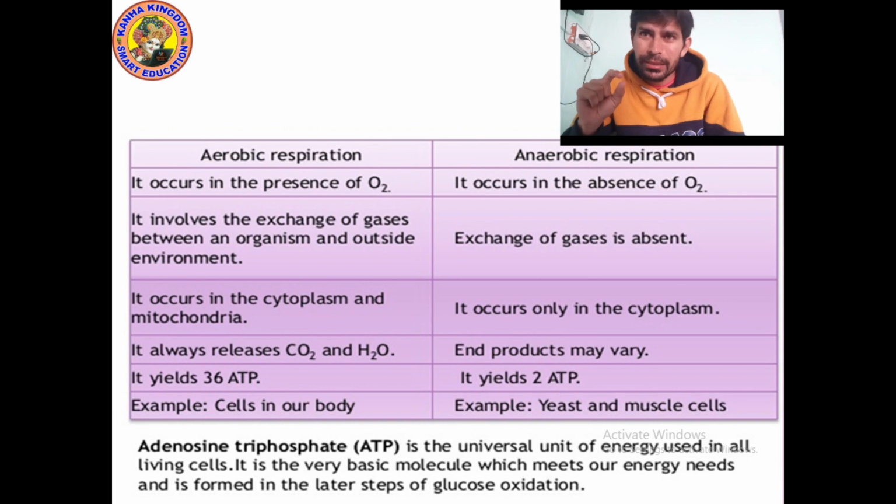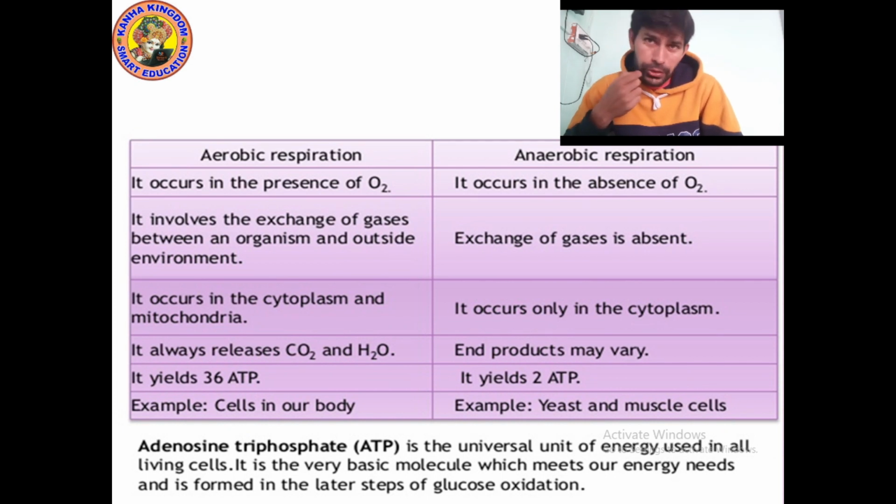ATP is a basic molecule that meets our energy needs. They are formed during glucose oxidation, during the breaking down of glucose. And during anaerobic respiration, only 2 ATP is produced.